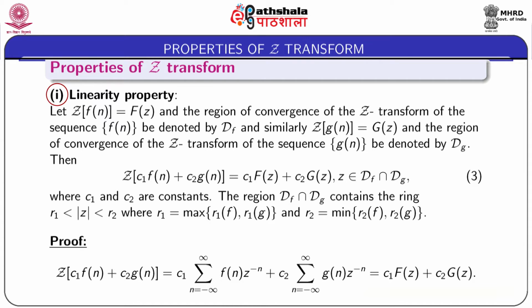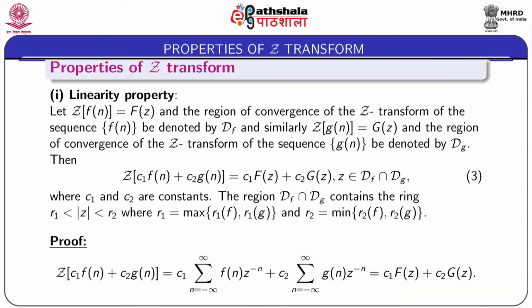Let Z transform of Fn be denoted by capital Fz, and the region of convergence of Z transform of the sequence Fn be denoted by df, and similarly capital Gz is the Z transform of small gn, and the region of convergence of the Z transform of the sequence small gn be denoted by dg.